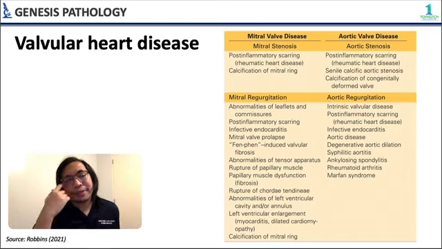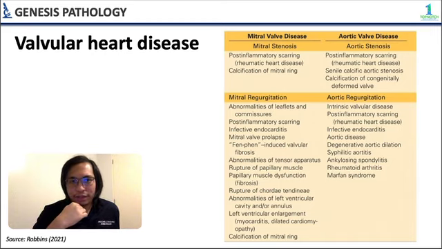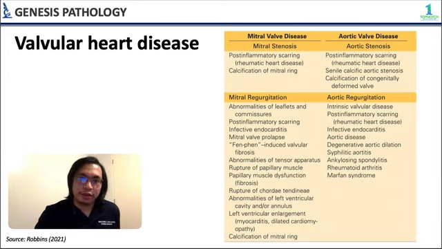Again, so ito medyo hindi siya ganun ka-pathology, no, yung valvular heart disease natin, except for I think infective endocarditis, rheumatic heart disease. Actually hindi pa rin no. Pero let's just discuss yung mga possible etiologies, no, of your valvular heart disease. So mitral stenosis, no?